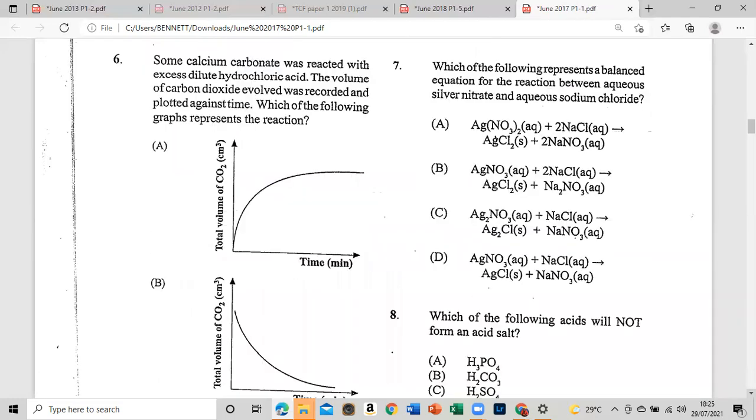Some calcium carbonate was reacted with excess dilute hydrochloric acid. The volume of the carbon dioxide evolved was recorded and plotted against time. Which of the following graphs represents the reaction? So number 6, we must look at the graphs and see which one of them. Notice this one.